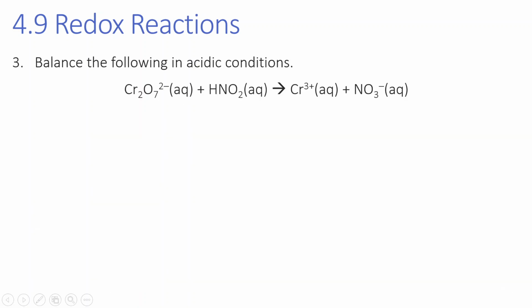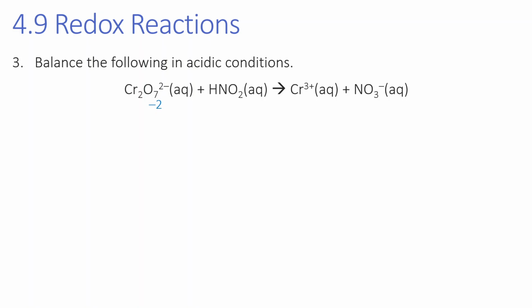So let's do an example here. We're going to take this reaction and we're going to balance this in both acidic and in neutral basic conditions. Now, in acidic and neutral conditions, we're just going to balance like normal. But in basic conditions, we're going to have that one more step where we neutralize any H plus with OH minus. So taking a look at this problem, oxygen's oxidation state is going to be -2.